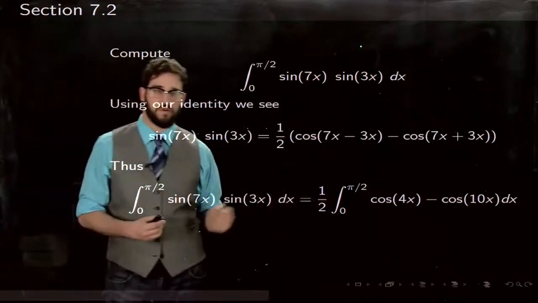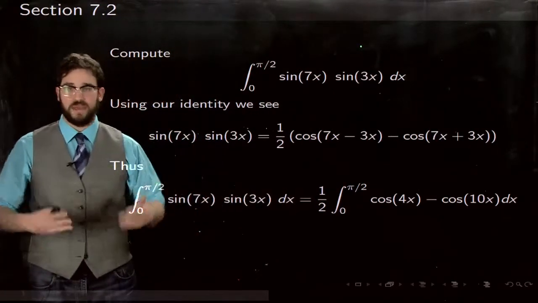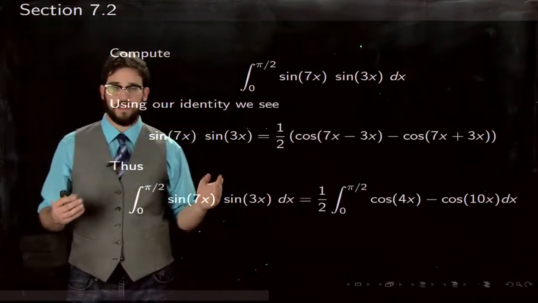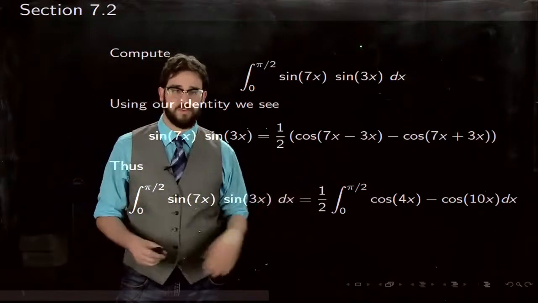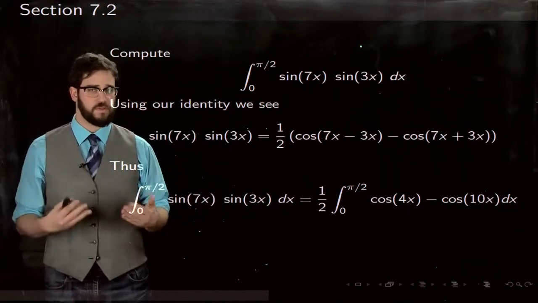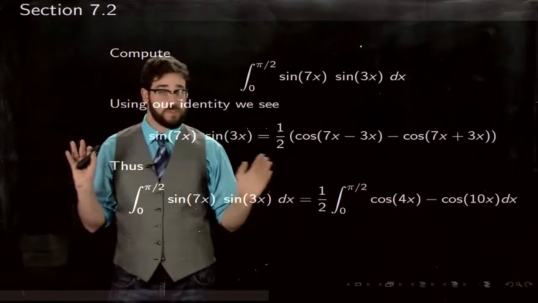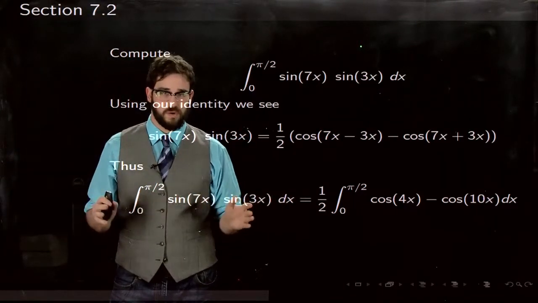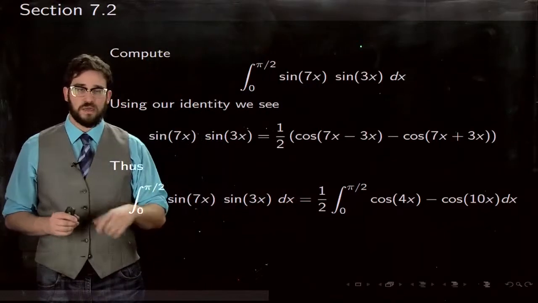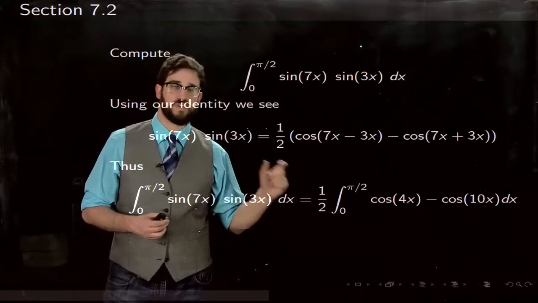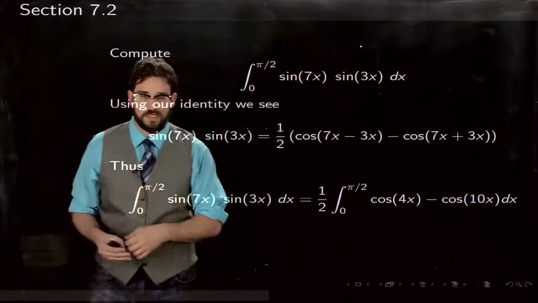So now we have this integral, and you may say, okay, that's easy. The integral of cosine is sine. There are some constants because of the 4x, but we know it's sine, and we know sine of 0 is equal to 0. Because of how we integrate, we'll have a sine of 4x and a sine of 10x times some constants.